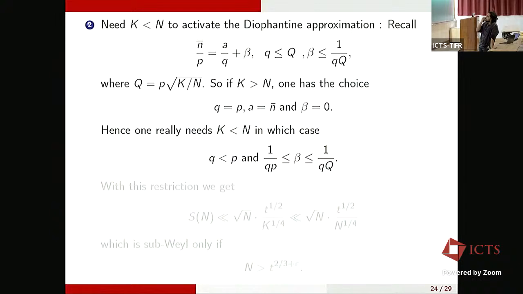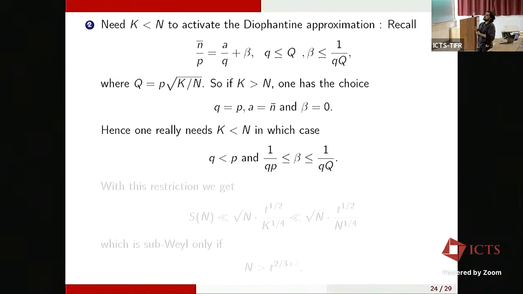But the fundamental problem with choosing k to be large is the following. We really need to choose k to be less than n in order to activate the Diophantine approximation. If you recall, we approximated this rational number n bar by p a by q, where capital Q is of size p times the square root of k by n.